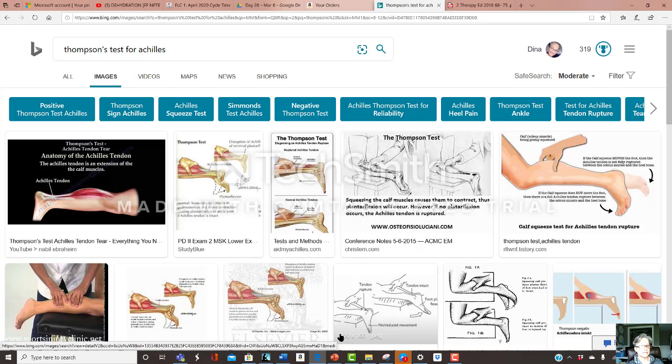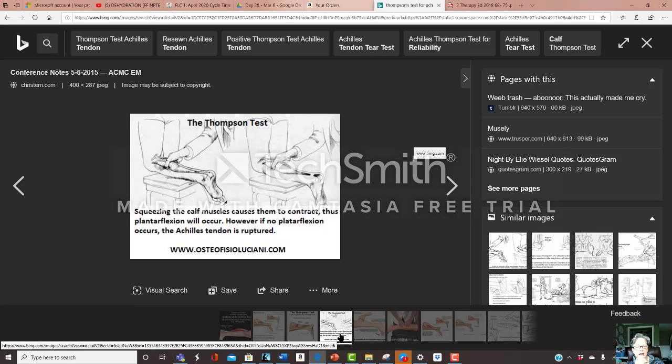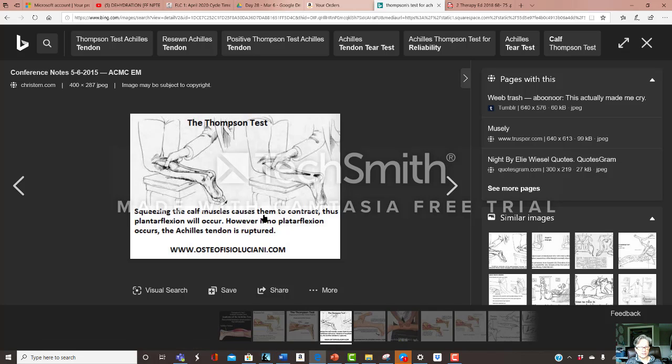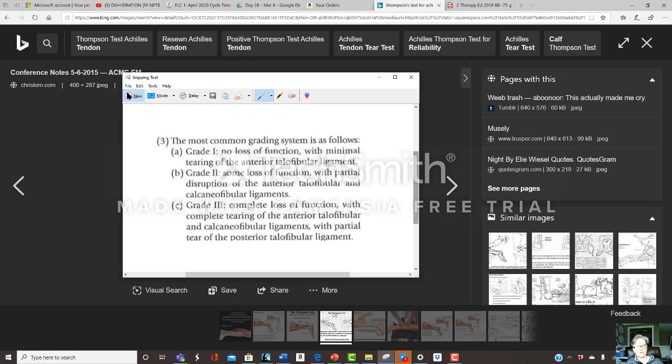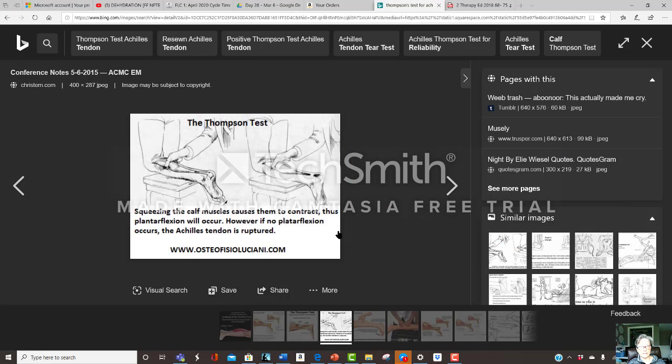Basically, you're just squeezing the calf muscle. Here's one. Squeezing the calf muscles causes them to contract. Thus, plantar flexion will occur. If no plantar flexion occurs, the Achilles tendon is ruptured. So that is the Thompson test.